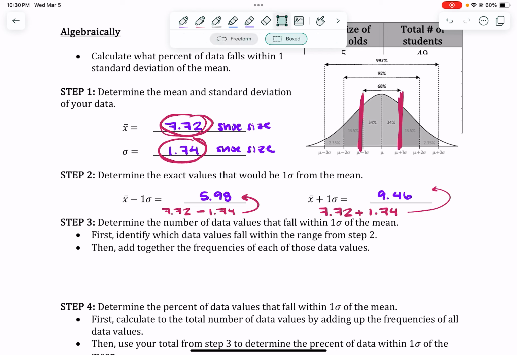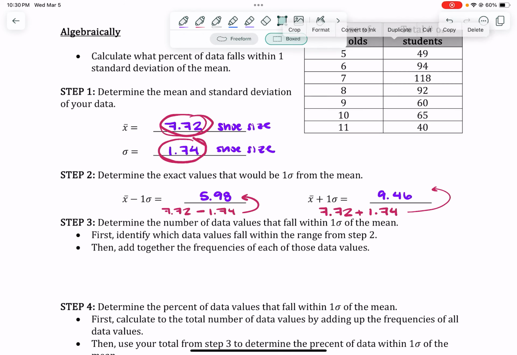Okay? Now we have to actually calculate how much data falls between them. So the first thing that we're going to do is identify which data values fall within that range.